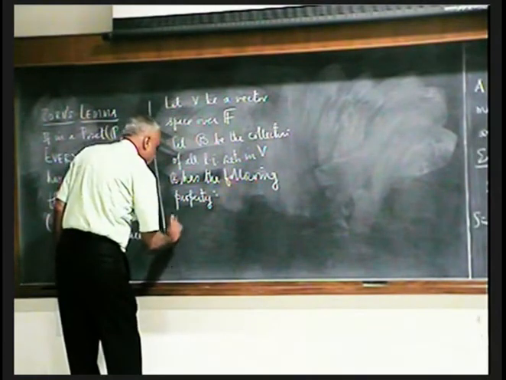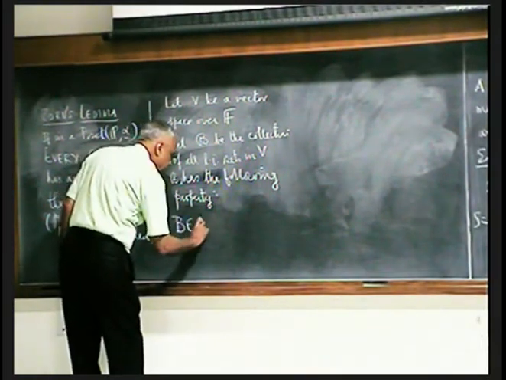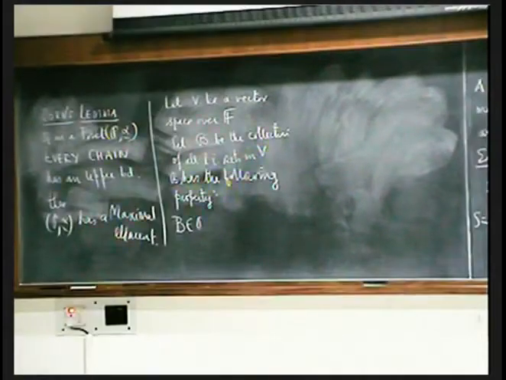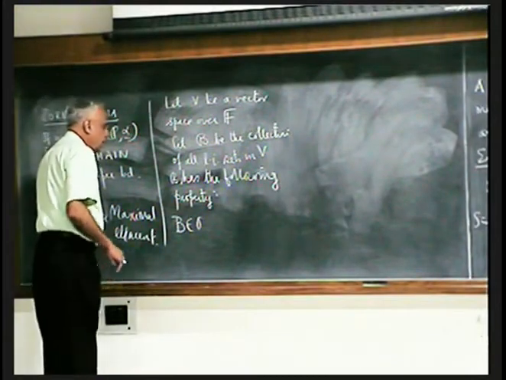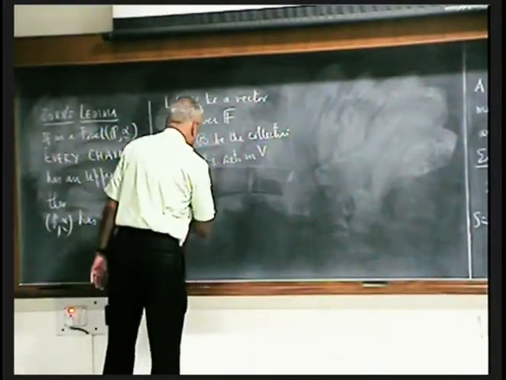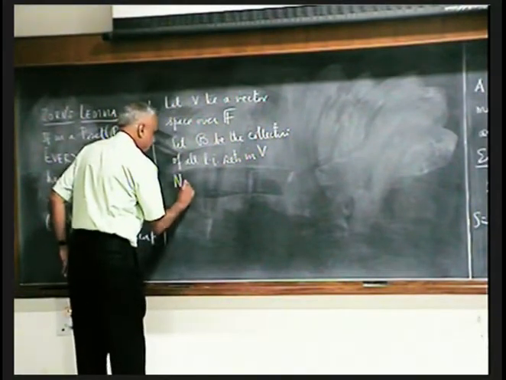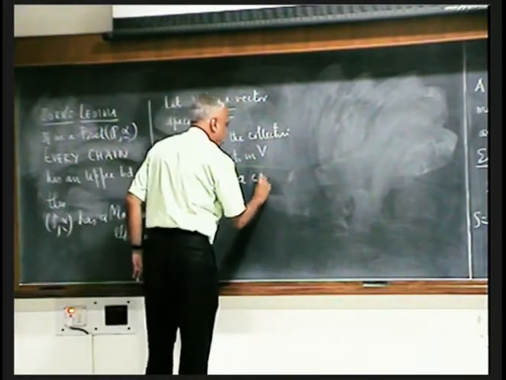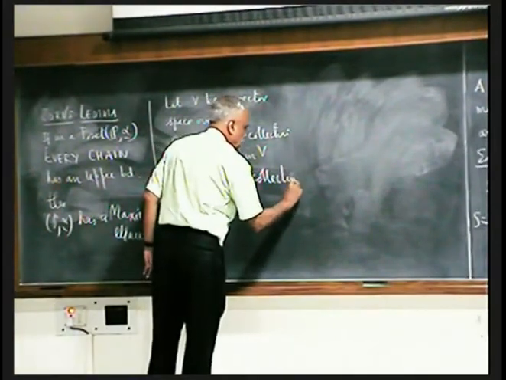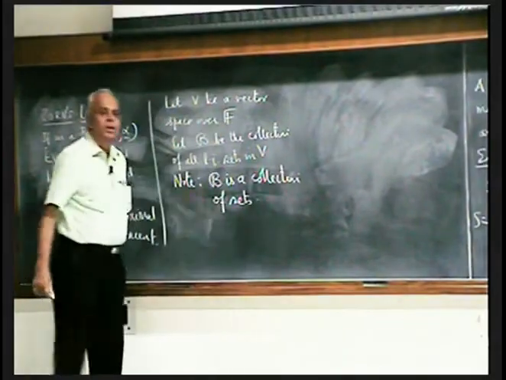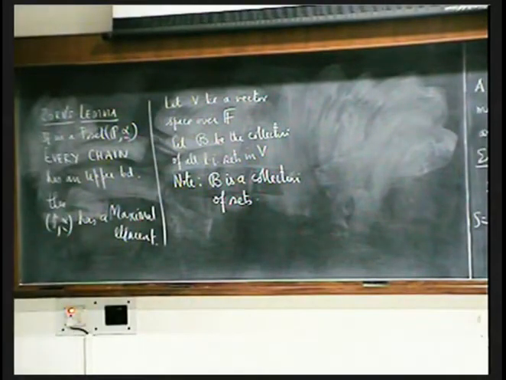Let me write it in the context of what I am going to say. Let me make it more clear. Note, script B is a collection of sets, usually called a family of sets.